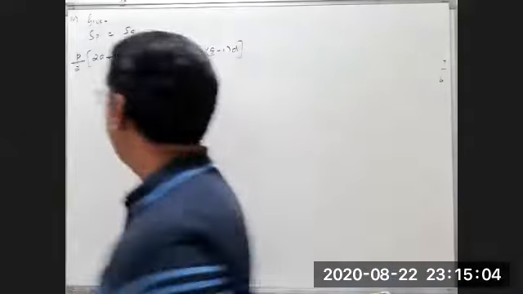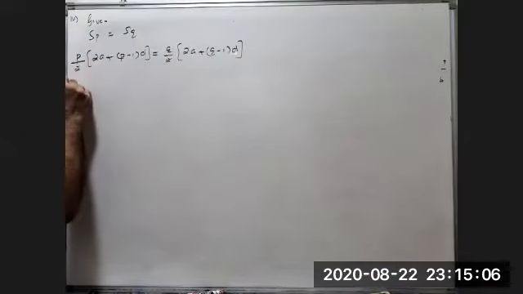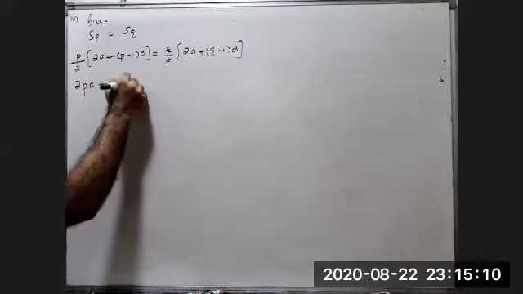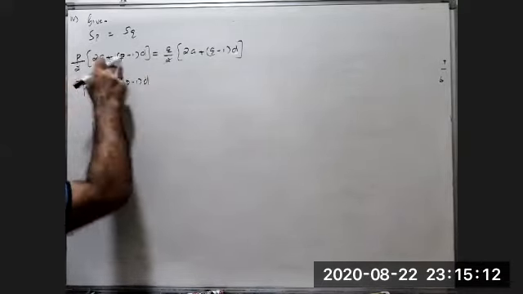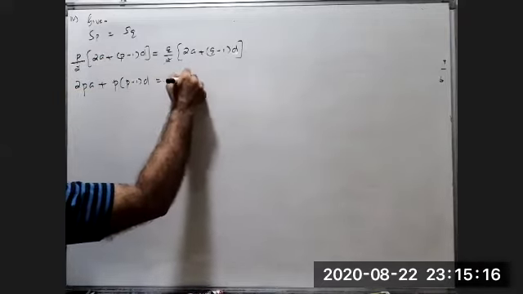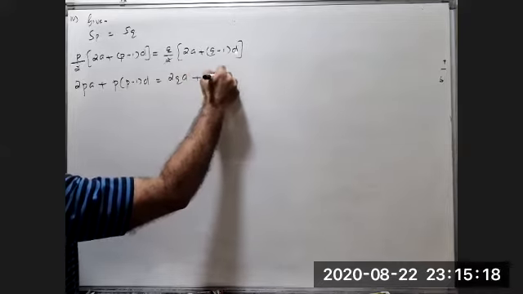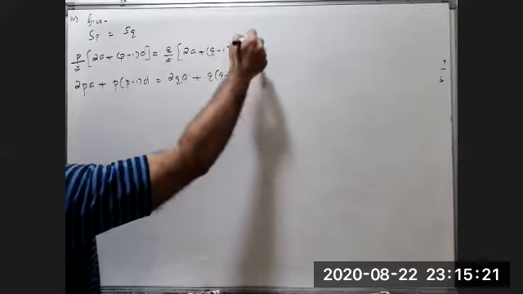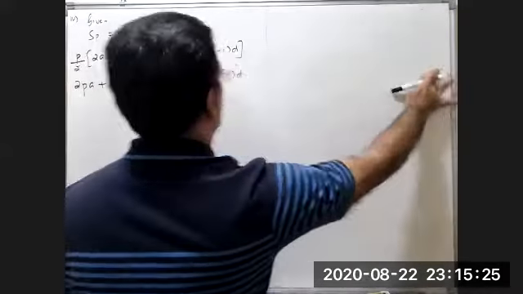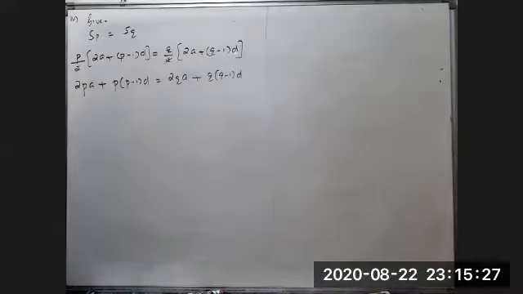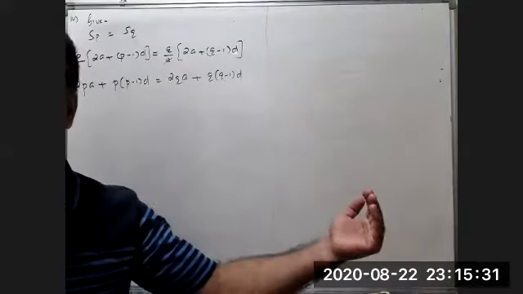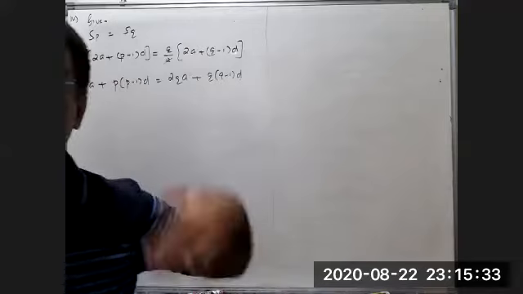Open the bracket: 2PA plus P into (P minus 1) into D is equal to 2QA plus Q into (Q minus 1) into D. Our aim is basic simplification: keep all the terms of A on the left hand side and terms of D on the other side.